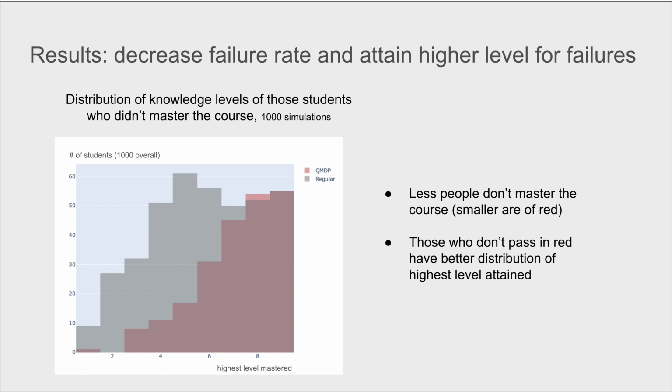And you can see that from the picture as the red area for the agent is smaller than the gray area for the baseline. And even for those students who do not pass the course, the distribution of the knowledge level is higher for our approach. You can see that the red distribution is skewed to the right, that is, to a higher passed test level than the gray distribution.